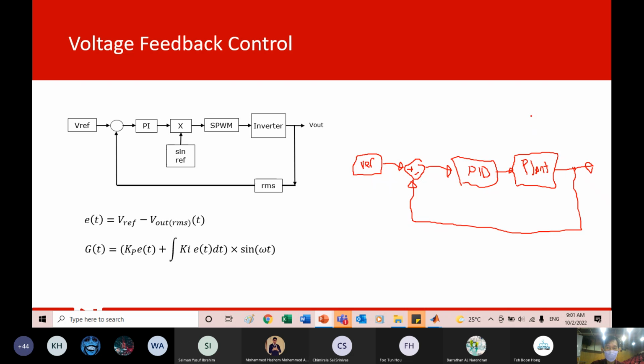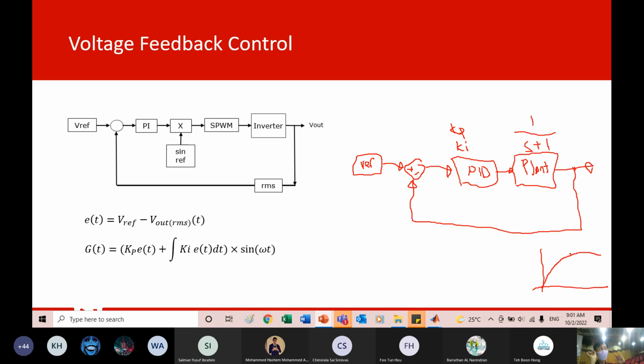The plant can be represented by S over S plus 1, in the Laplace or S domain, right? And then here, you need to set the Kp, the Ki value and the Kd value, so that you will achieve the desired control output.